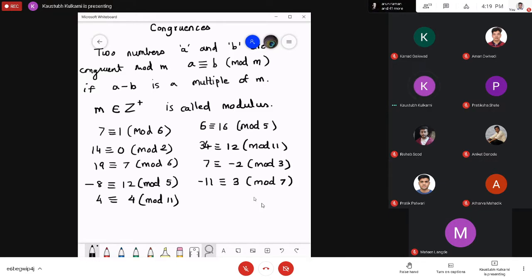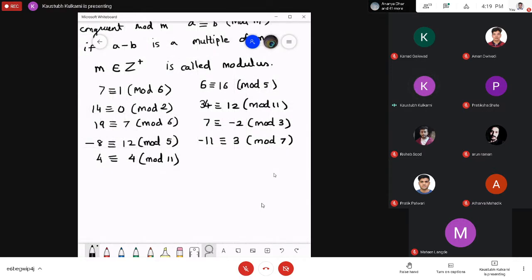Is it better? Yes. If you can increase a bit more. This is the maximum I can go. Is it okay? Okay, yes, sir.